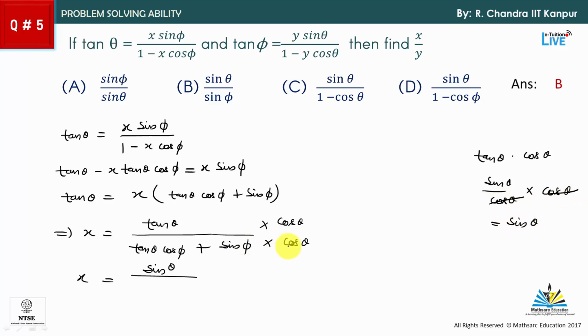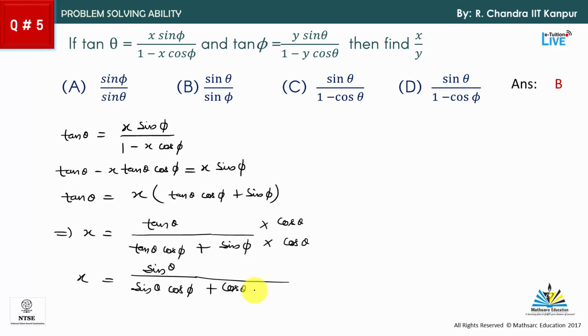If you multiply cos theta and tan theta in the denominator, you will get x equal to sin theta upon sin theta into cos phi plus cos theta into sin phi. Call this B1.